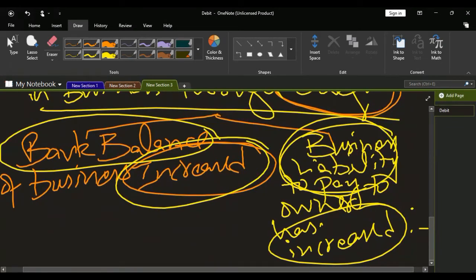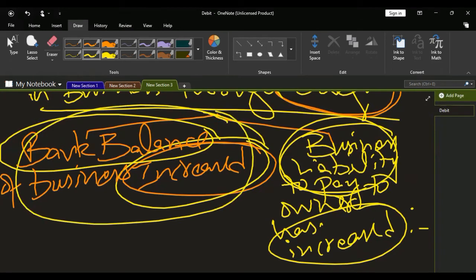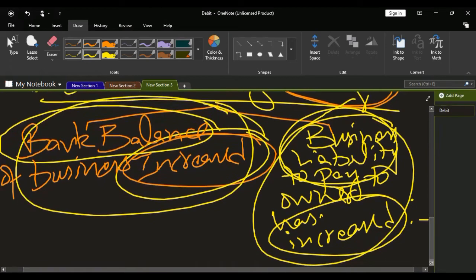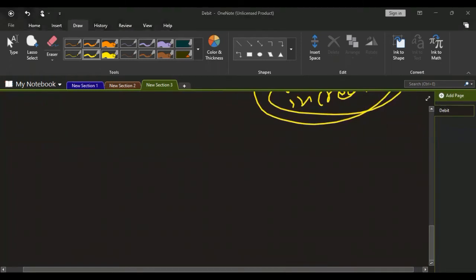So this is a double entry system in which every transaction has two impacts. That is, one item increases and the other item also increases or decreases. So let's study the next transaction.